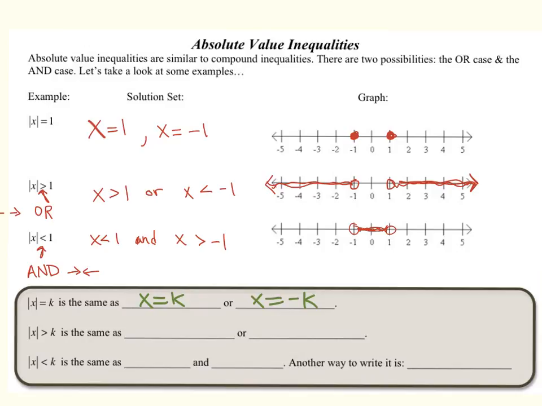Inequalities, break it up into x is greater than k, x is less than, flip your sign, negative k, and x is less than k, keep the original, flip, and negative.